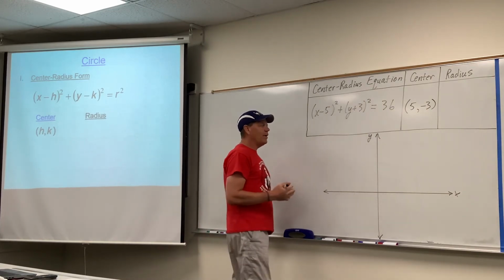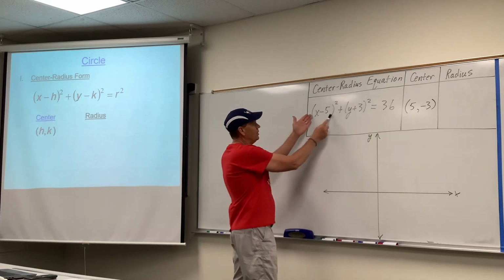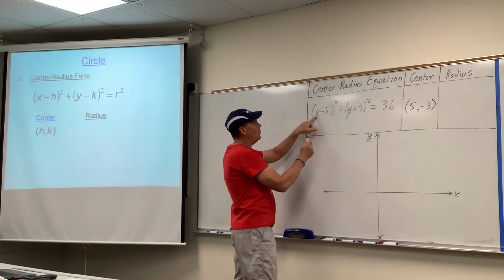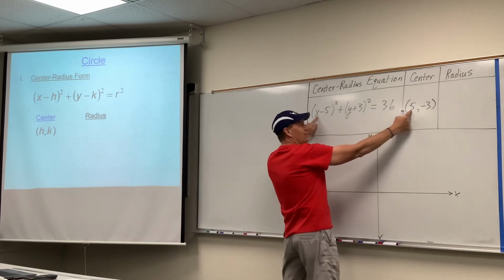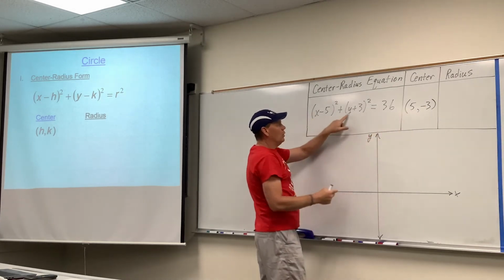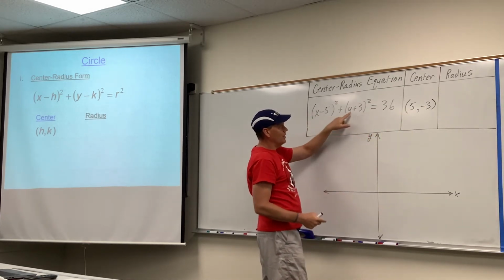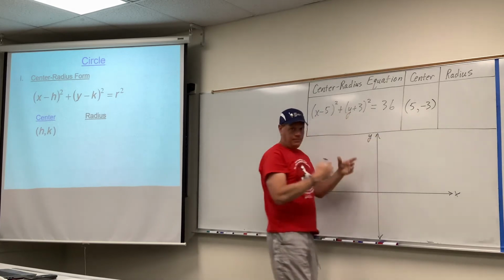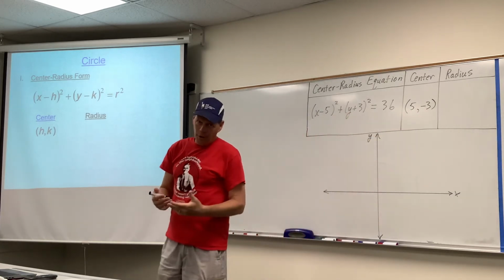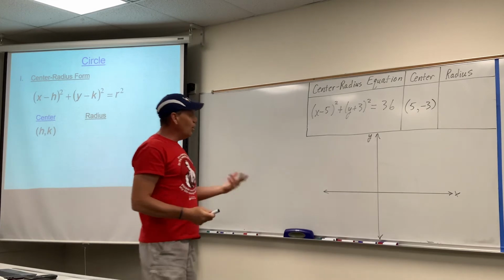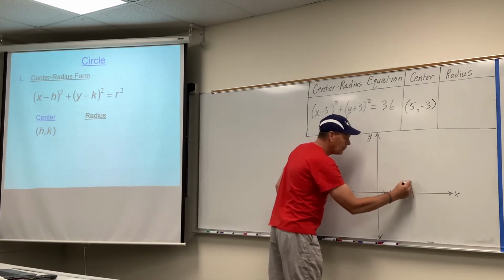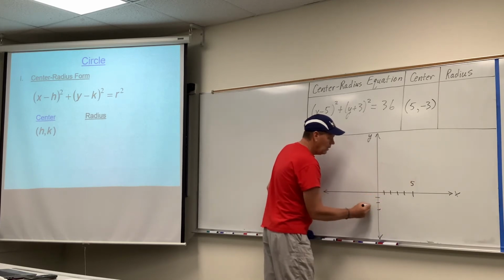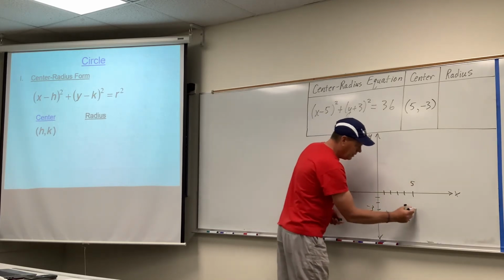If you want to identify your center, you look at the expression that has x and say, what would x have to be for that to equal 0? 5. 5 minus 5 would be 0. Okay. What would y have to be for that to equal 0? Negative 3. So again, use that logic if you prefer. Either one. So, the ordered pair 5, negative 3 is going to be our center point.